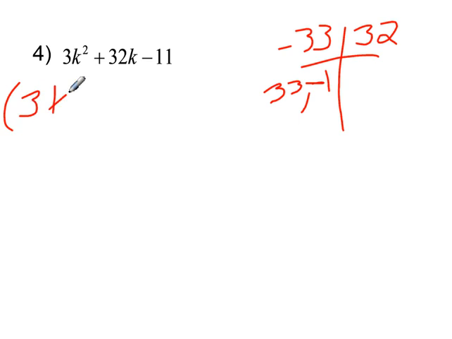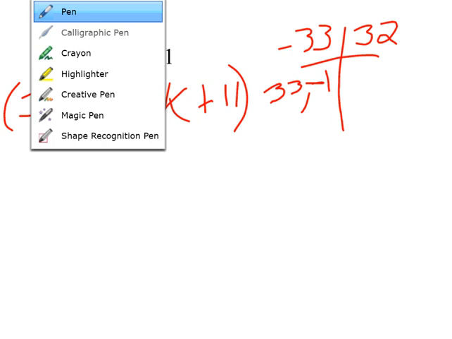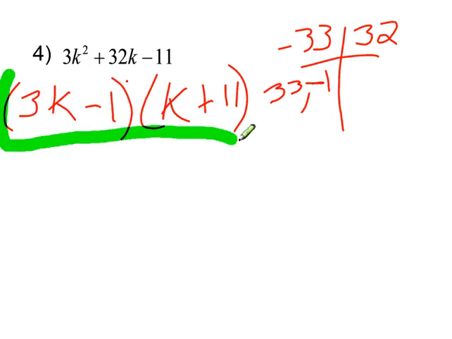First times first is 3k times k. Outer times outer has to be 33k, so I need a positive 11. Inner times inner has to be negative 1k, so I need a negative 1. Last times last is negative 11. Next problem.